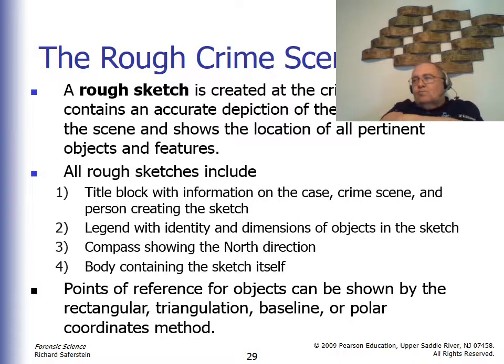There's also polar coordinates, which requires a piece of equipment that we don't currently use. Some agencies have it, some don't, but it's something you would be taught on the job.